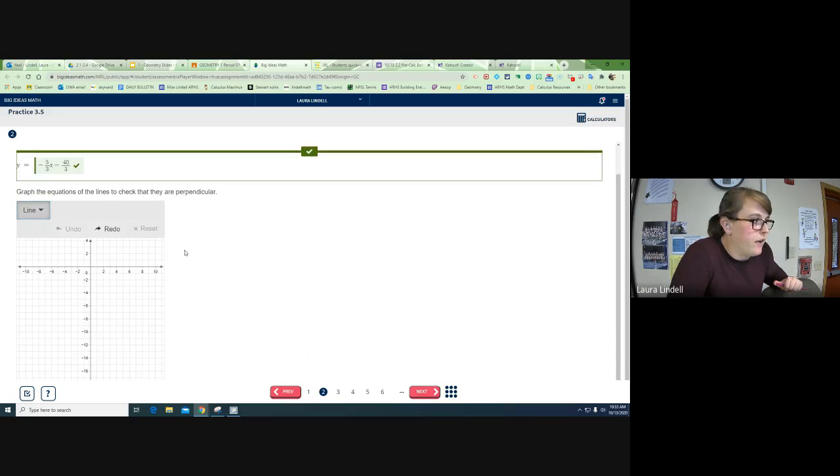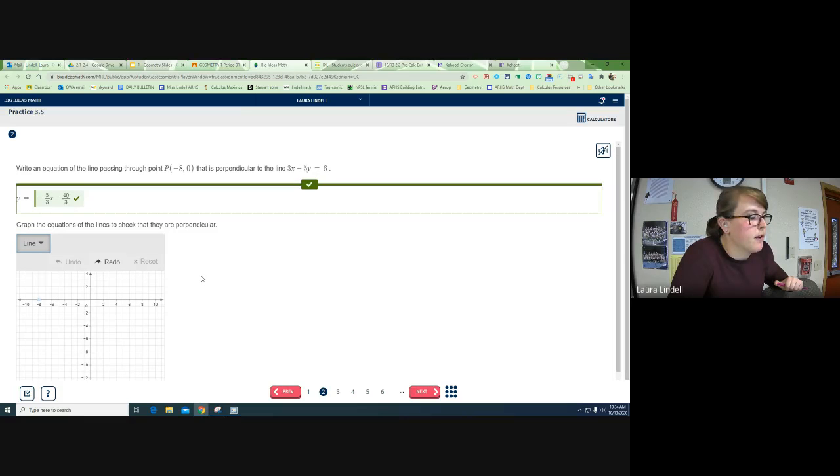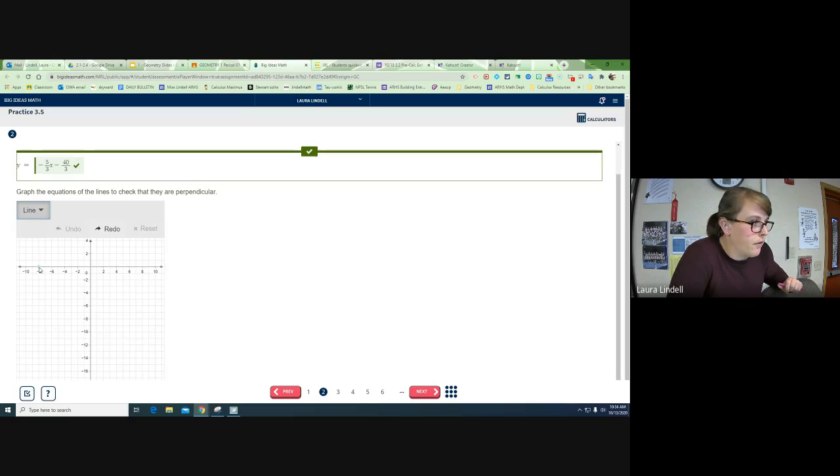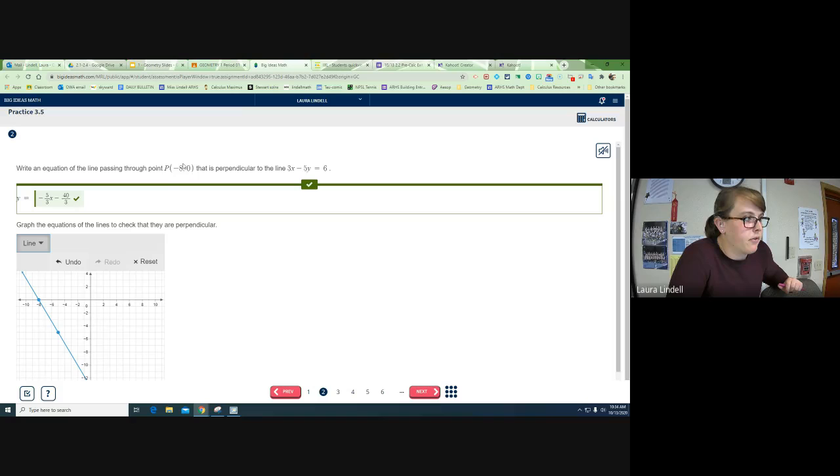So let's go to negative 8, 0 for a moment. This graphing tool is frustrating. Okay, negative 8, 0. And then we go down 5 and over 3. So 1, 2, 3, 4, 5. 1, 2, 3. So that's our new line because that was the slope and this was the point that it was going through.